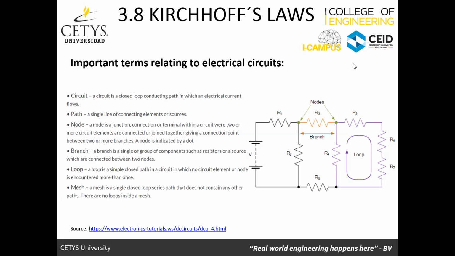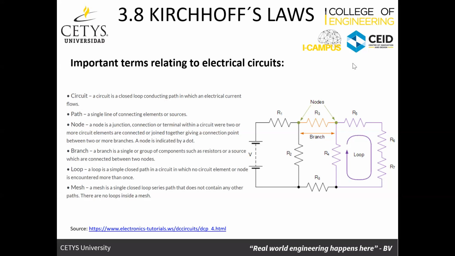So, an electrical circuit. What is an electrical circuit as a definition, or a circuit? A circuit is going to be a closed loop conducting path where an electrical current can flow. The key to that definition is closed loop path.